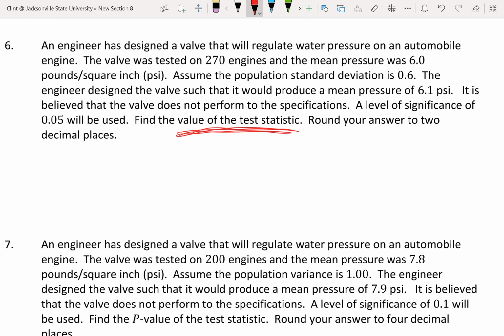The mean pressure was 6 pounds per square inch. Assuming population standard deviation is 0.6. Designed the valve so it produced 6.1 psi. That's really all we need to find the test statistic. Again, it says population standard deviation, so sigma is known. So this will be a Z, just like the last one.